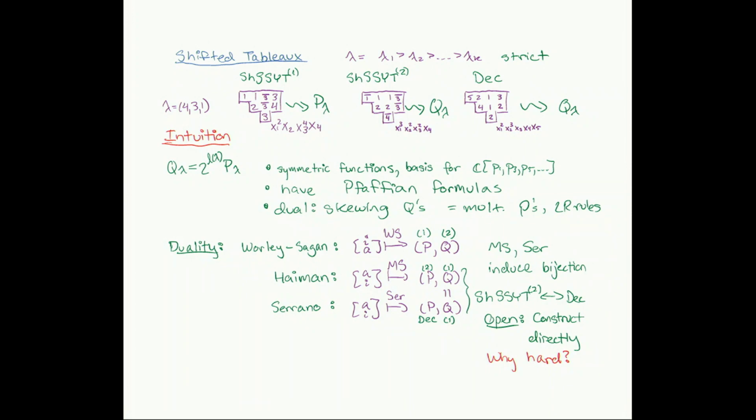If you flip a word upside down, it's sort of a duality, but I won't go into that. So in the Haiman insertion, you get the second type as your insertion object and the first type as your recording object. And then Serrano has an insertion where the insertion object is a decomposition tableau, this kind of weird unimodal thing, and the recording object is of the first type.